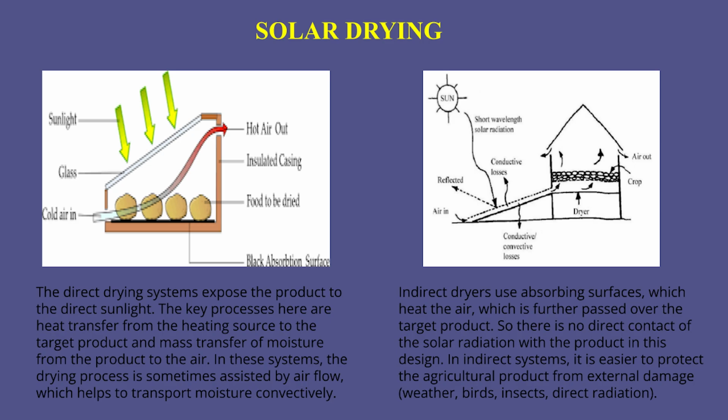You can see here some crop is there inside this direct solar dryer, and that is heated by the source, which is the sun. Solar energy is falling through this glass cover onto the crop, and in these systems the drying process is sometimes assisted by airflow, which helps transport moisture convectively.